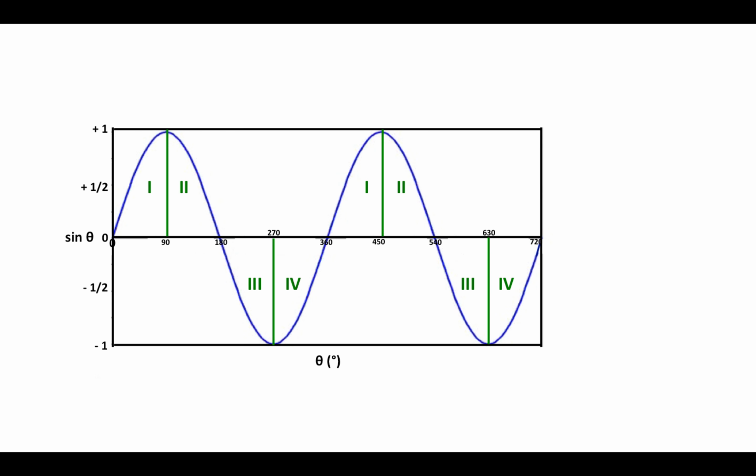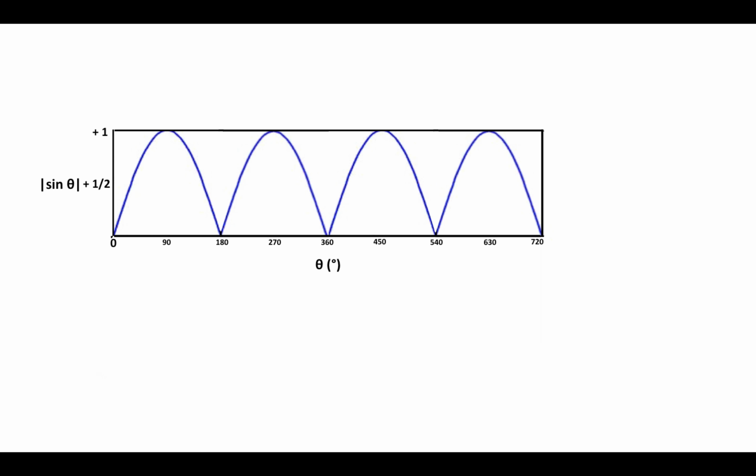Here's the sine wave, in this case showing 2 revolutions. In the first 2 quadrants of each revolution, the sine is positive, and in the third and fourth quadrants, the sine is negative. But my torque is always positive, so I'm going to plot a graph of the absolute value of the sine of theta.